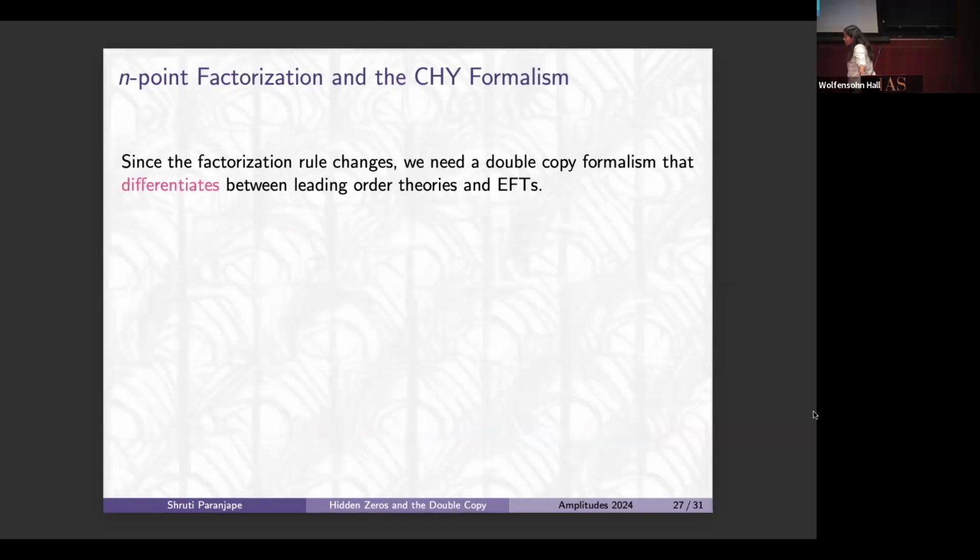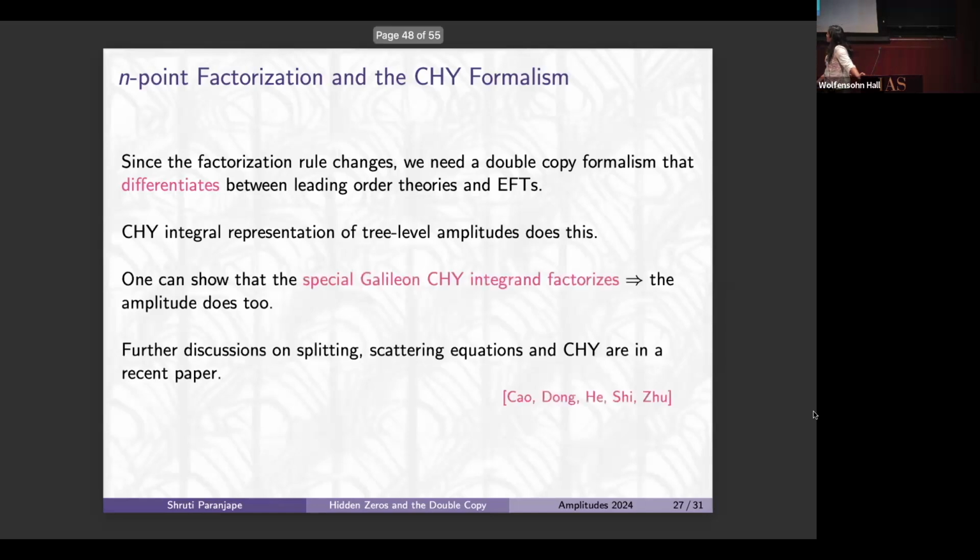Okay. So what that means is that I'm not going to be able to read off factorization directly from a BCJ relation or a KLT relation. I'll have to use a formalism for the double copy that actually differentiates between stuff in the leading order and stuff which is high derivative. And one thing that does that is the CHY formula, right? So if I use the CHY formula, you can show that the CHY integrand, for example, for special Galilean, factorizes.